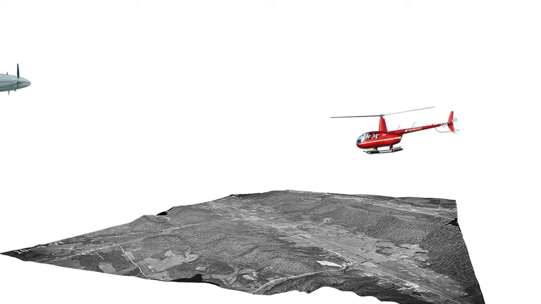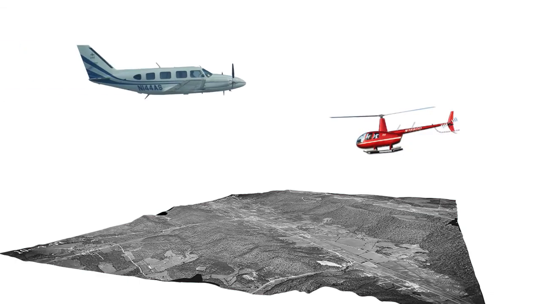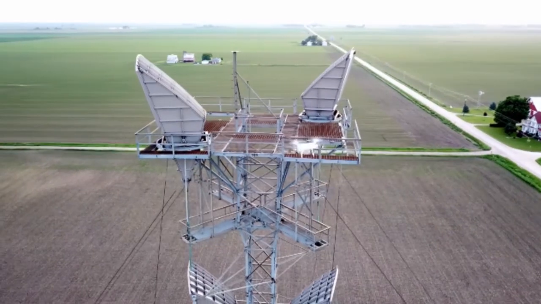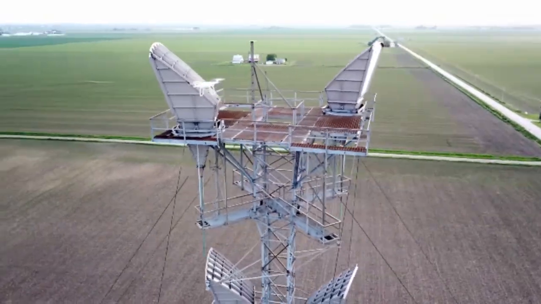Manned aircraft are, however, GSD limited. And that's when we get into the argument of manned versus helicopters. Helicopters fly slower, and they can also fly lower legally. So that allows them to collect data at a much higher resolution, although it takes longer and is much more expensive. Let's talk about some of the details of the capacity of unmanned systems.